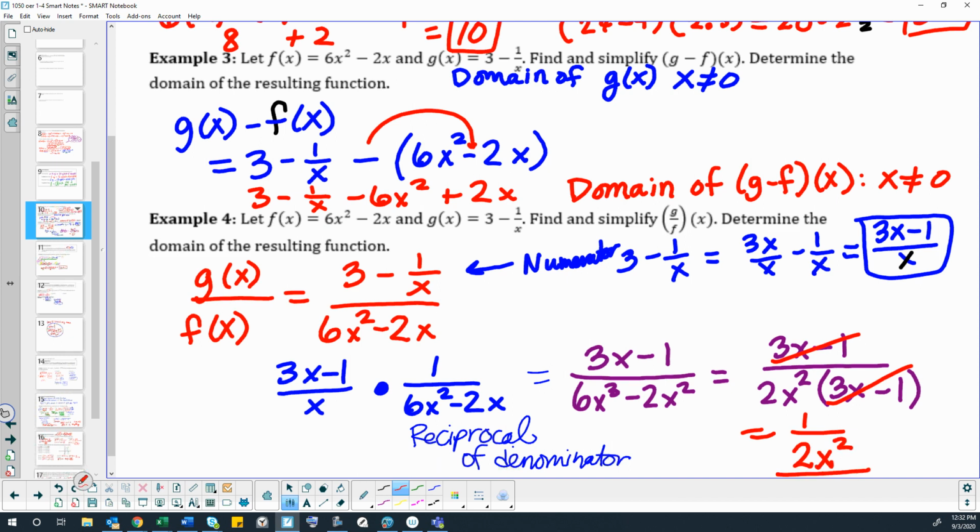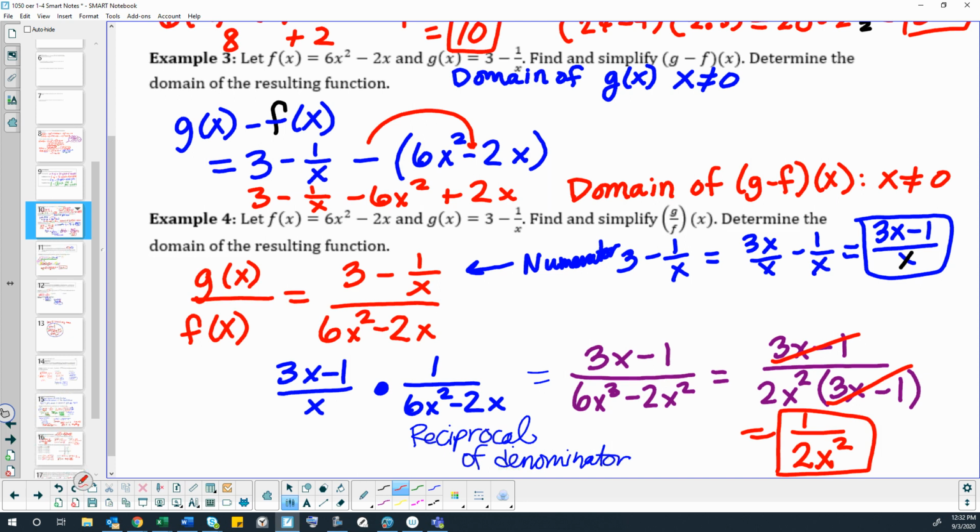So here is our simplified answer. That big ugly thing turned into this. We're not done till we talk about domain. Okay, we know from this that we can't plug in 0. And actually look at our answer right now, we still can't plug in 0, right? There is another issue in this problem.